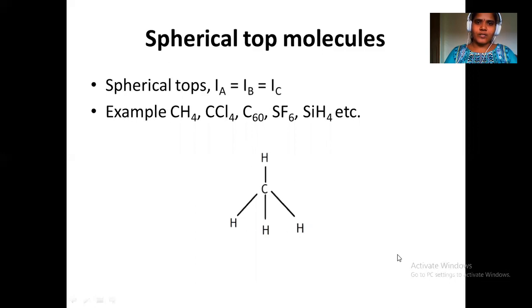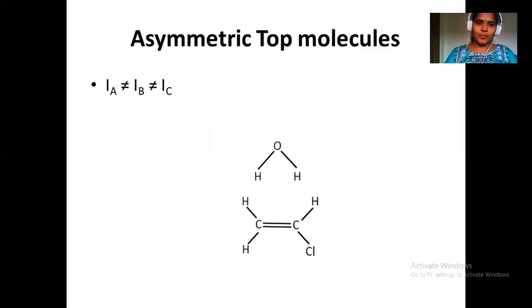Such molecules are spherical top molecules. And asymmetric top molecules are those where the inertia along the axis, end over end in plane, and end over end out of plane are all not equal to each other.